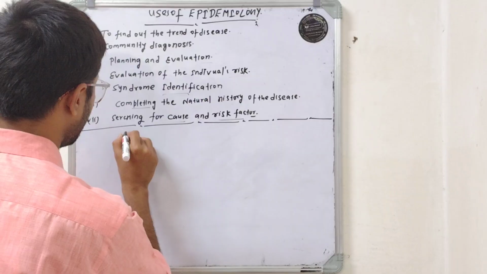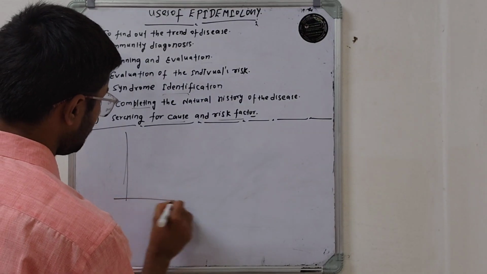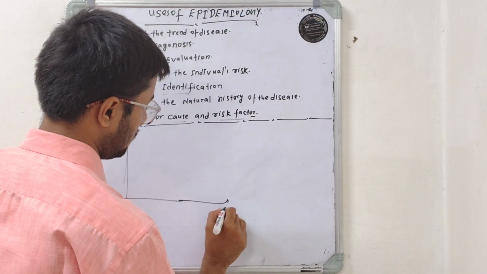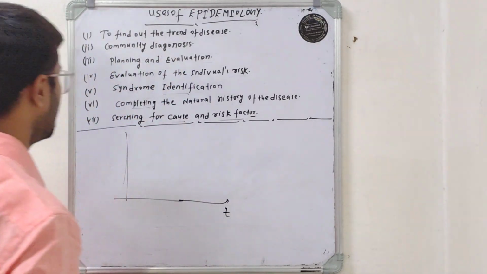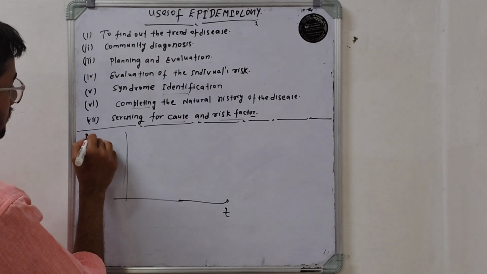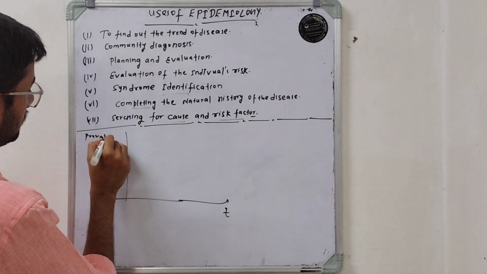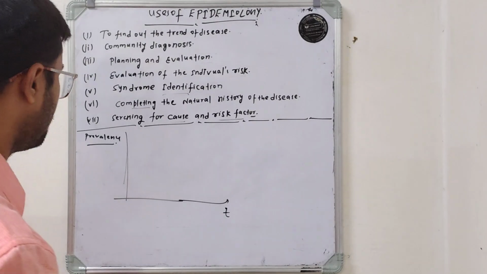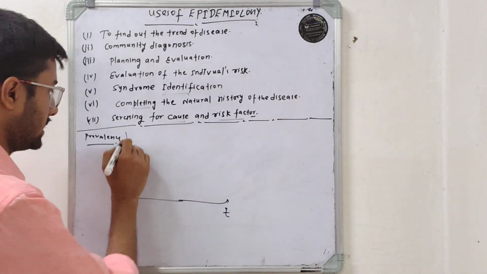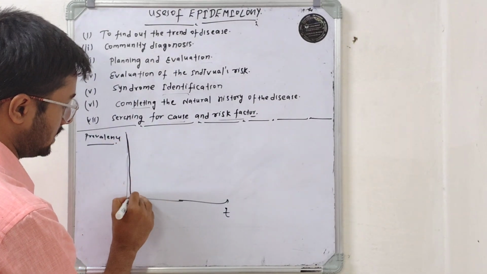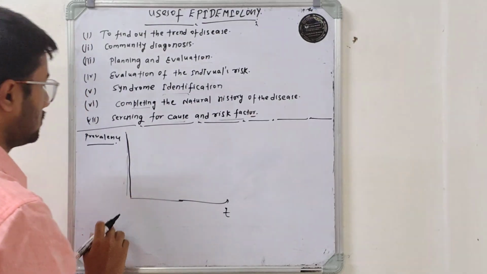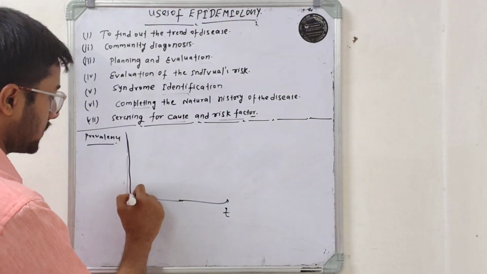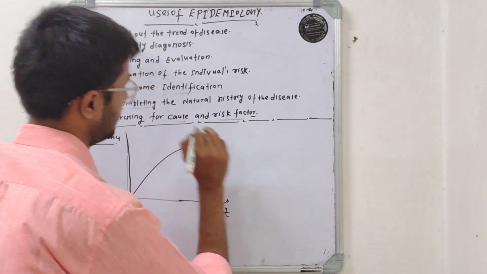So we make a graph for better understanding. On the x-axis we take time, and on the y-axis we take the prevalence. If a disease is progressive in nature, as the prevalence increases, the progression of disease also increases.